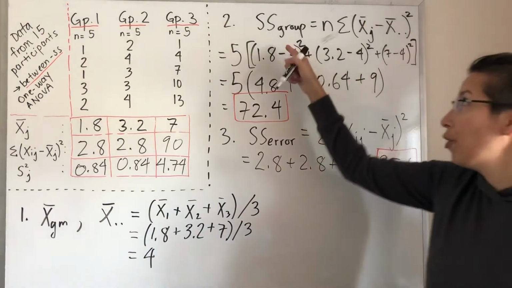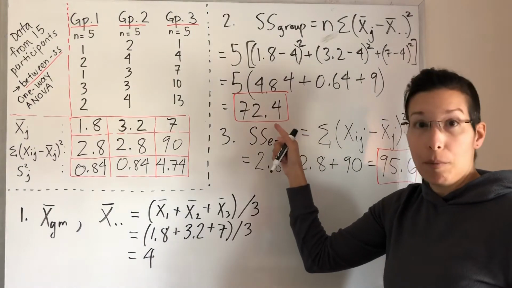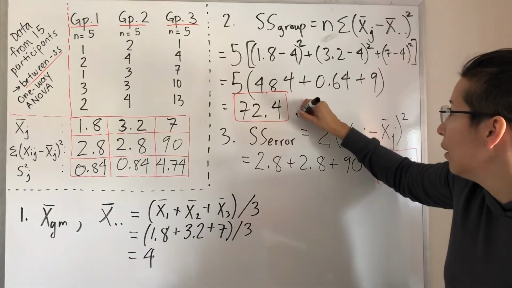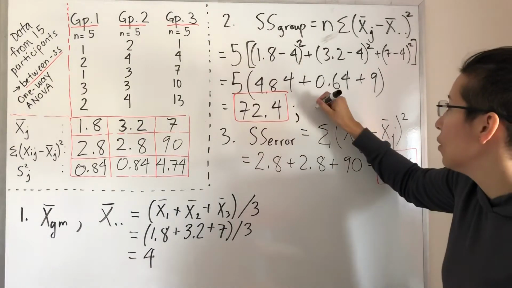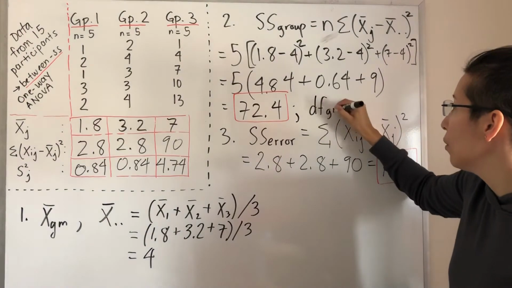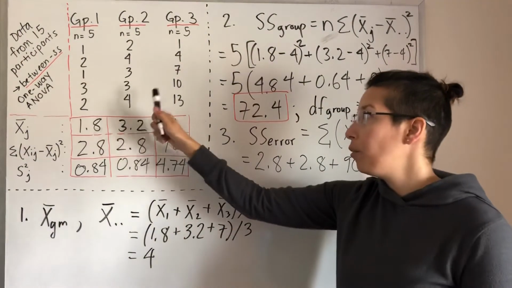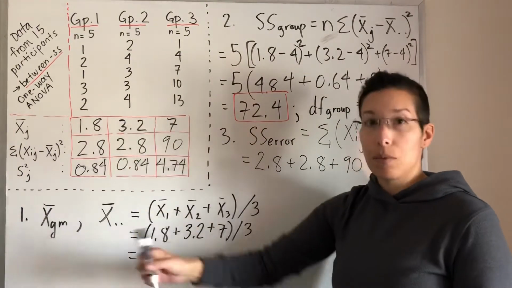And the number that the sum of squares group needs to be divided by is the degrees of freedom for the group. So right here, I'm going to say we have the sum of squares. We need the degrees of freedom for the group, or of the effect. So the way we do that is we look at how many groups there are and then subtract 1. 1, 2, 3 minus 1 is 2.